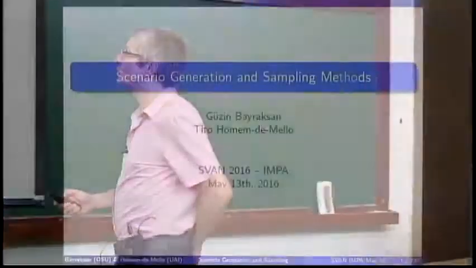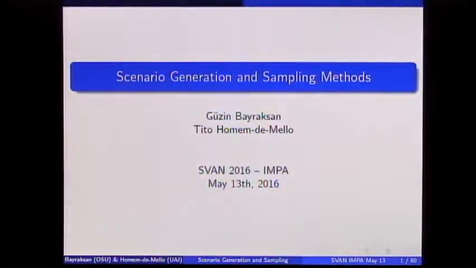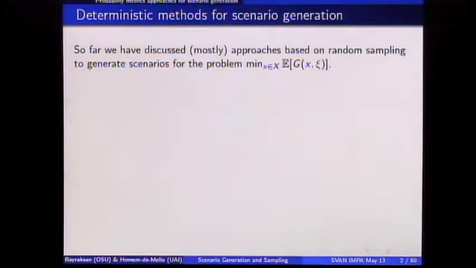Okay, so the topic that I wanted to discuss for this last part of the course is the following. So far, essentially what we have seen from day one was the idea of using random sampling to generate scenarios for this problem. This is a problem where we cannot evaluate the functions exactly. We've talked about that many times.